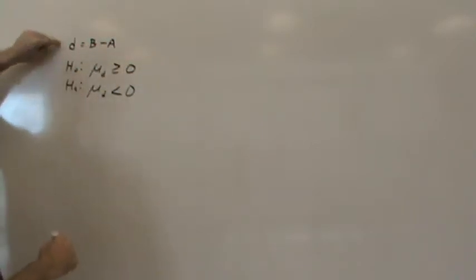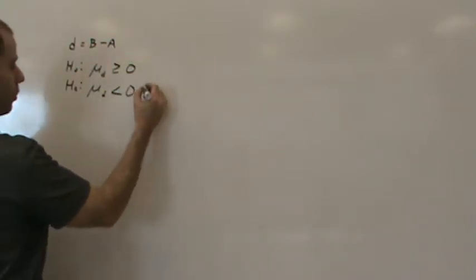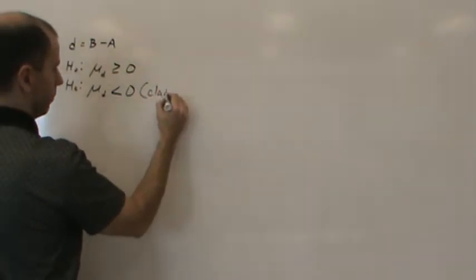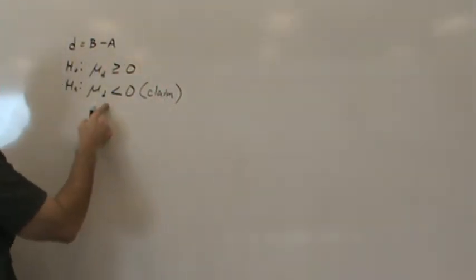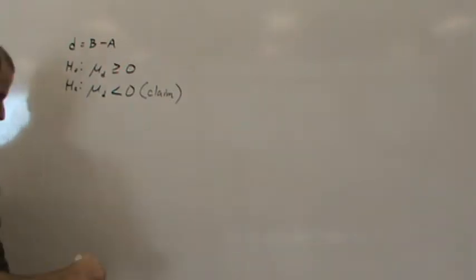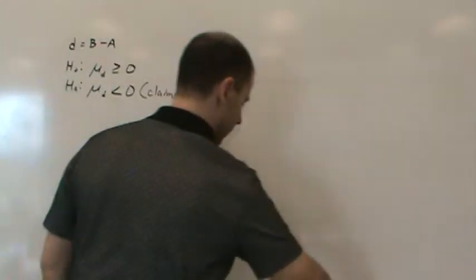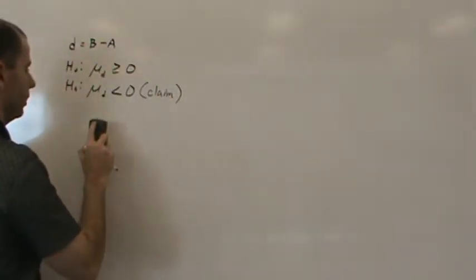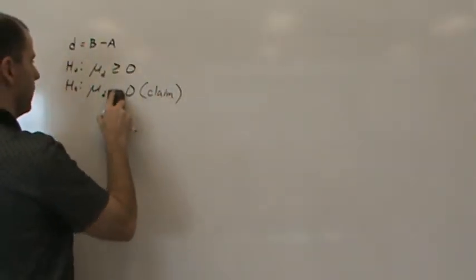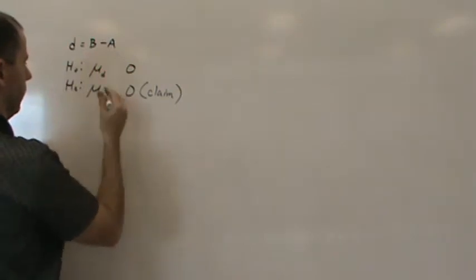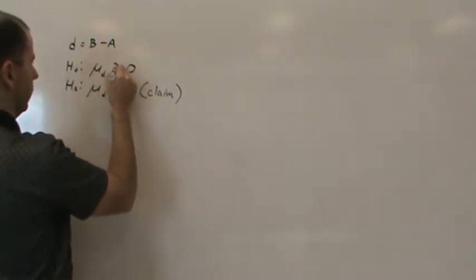So based on this, if the claim is correct, if hypnotism works, I should see, oops, wrong. No, it should be positive. Yeah, this should be positive. Sorry. There we go.